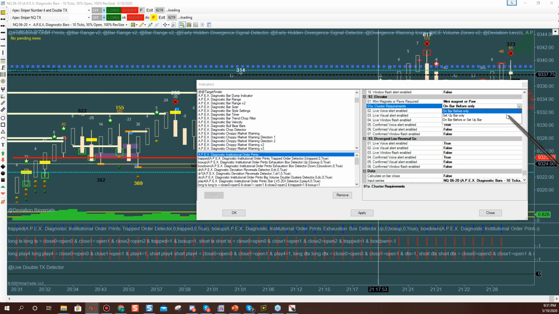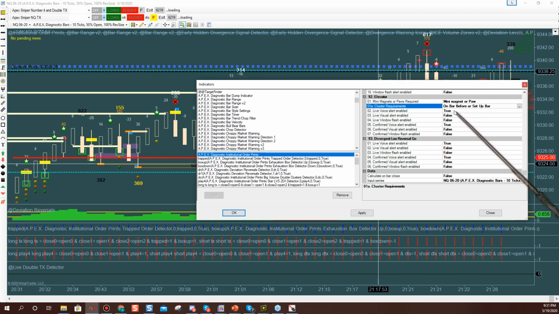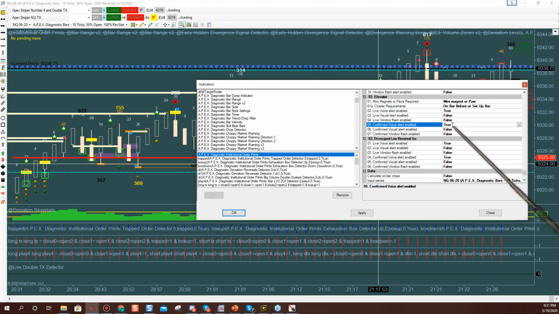And I have my cluster set to on bar before or setup bar. And then I put my voice alert to true and I put my confirmed alert to true. Okay? So everybody got that, mini magnet or paw and cluster on bar before or setup bar.